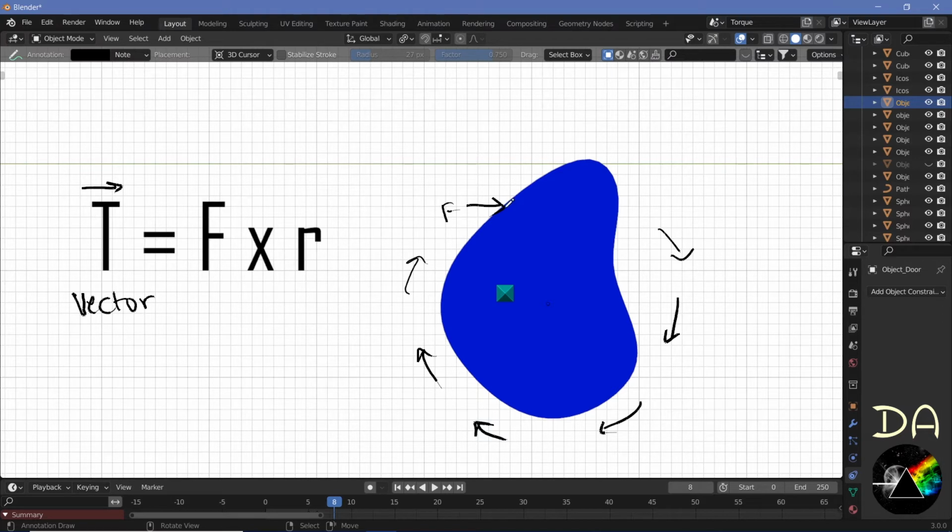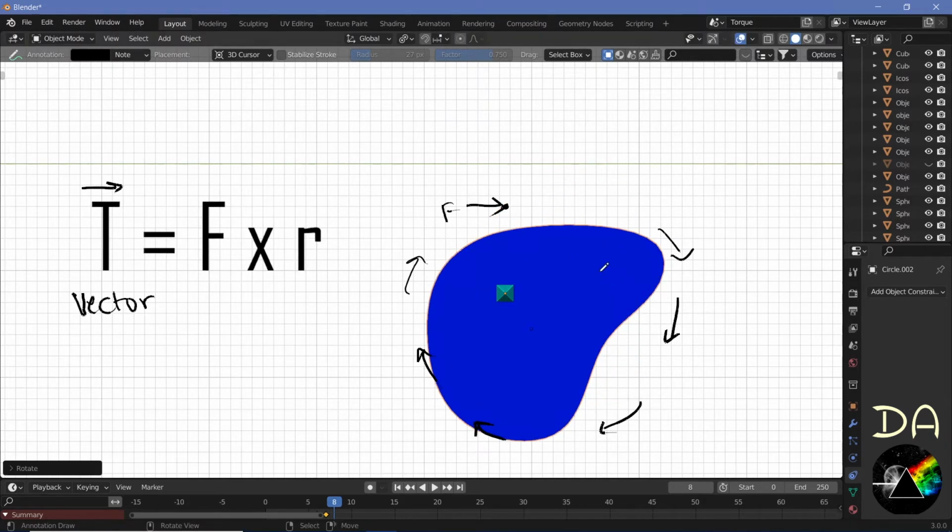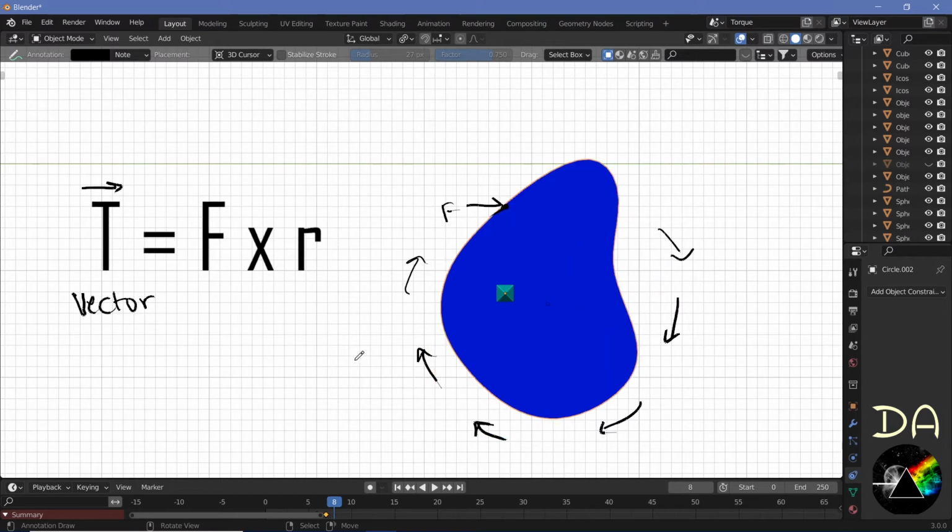And in order for the force to be applied at the same point, after this object is rotated a bit, since the point of application of the force is supposed to be over here, the direction of force would also change. So if the direction of force is continuously changing and the outcome seems like it's continuously rotating, how do we figure out a direction of torque?